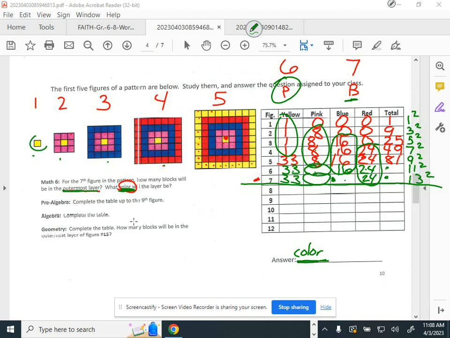So look at my yellow, right? So I added onto it. I went from 1 yellow to 33 yellows, but remember, we had to count that inside one. We don't want the inside, we just want the outside of the figure. So what would we have to do to the inside?